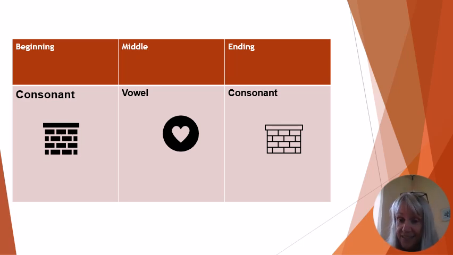And the ending is another consonant wall. At least one consonant letter will represent the consonant phoneme in the consonant wall at the ending of the word part. So that is our beginning, middle, and ending approach. For this presentation, we are only dealing with the consonant wall at the beginning of a word part.